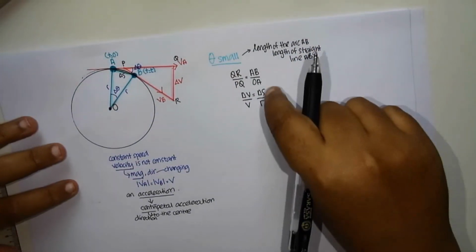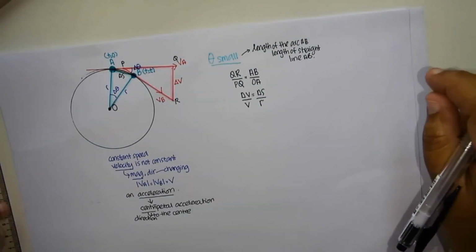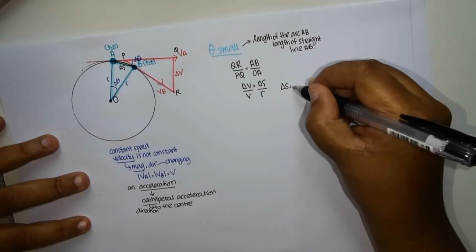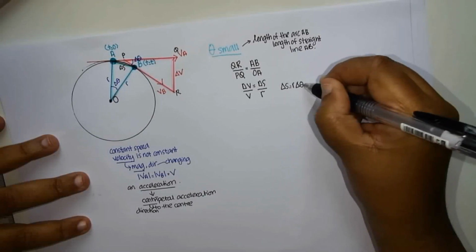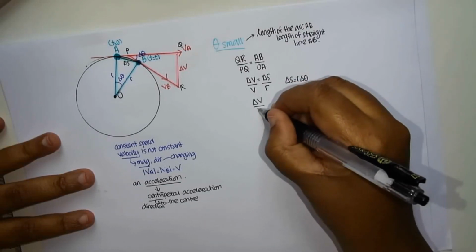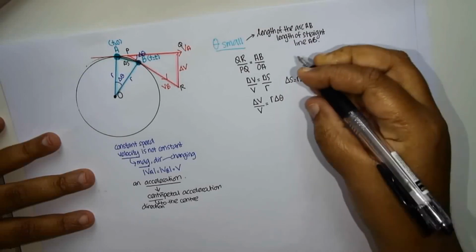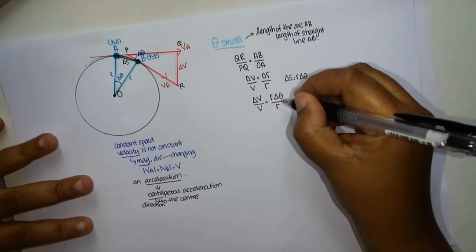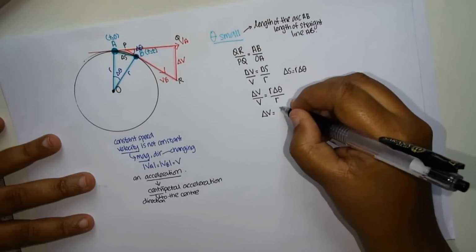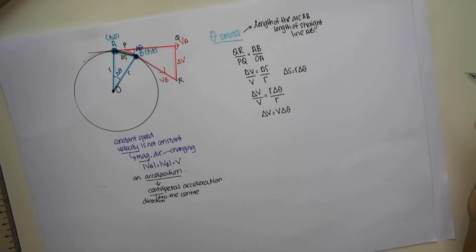So that's why I put AB equal to delta S. Here we know delta S is equal to R delta theta. So I substitute inside: delta V over V equals R delta theta over R, so I get delta V is equal to V times delta theta.